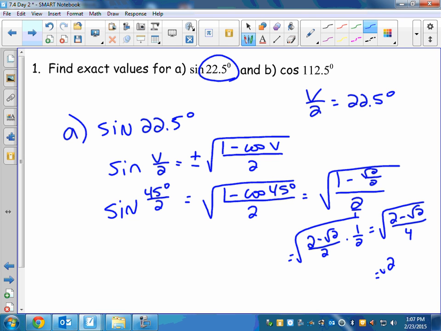Or square root of 2 minus the square root of 2, and technically we could take that square root of 4 of the bottom, which would just give me 2. That's really, really ugly, right? There's a square root in a square root, but that's about as good as it gets for us, which means that would be the answer. If you take the sine of 22.5 on your calculator, it's going to be a really ugly decimal. You could type this in your calculator and see if it's the same ugly decimal.